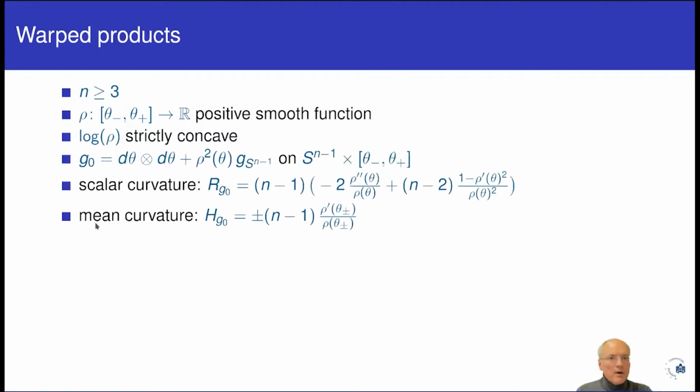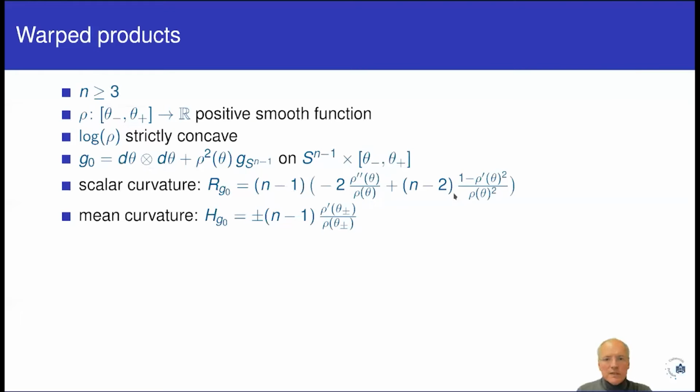And now I look at the corresponding warped product metric on the sphere times this interval, where I just rescale the spherical metric by this warping function rho. So that's just a standard warped product metric. And then it's easy to compute the scalar curvature.